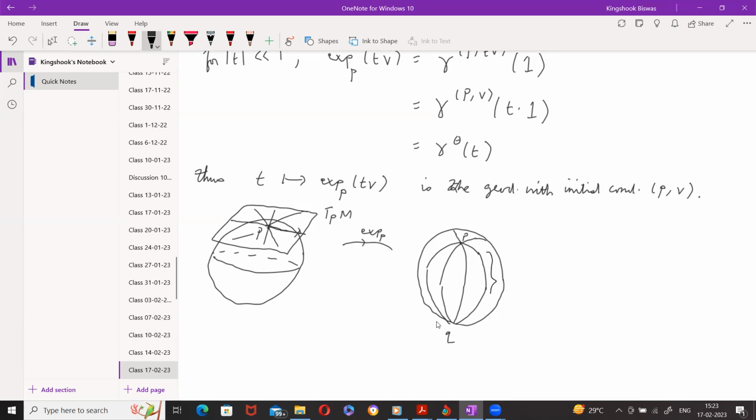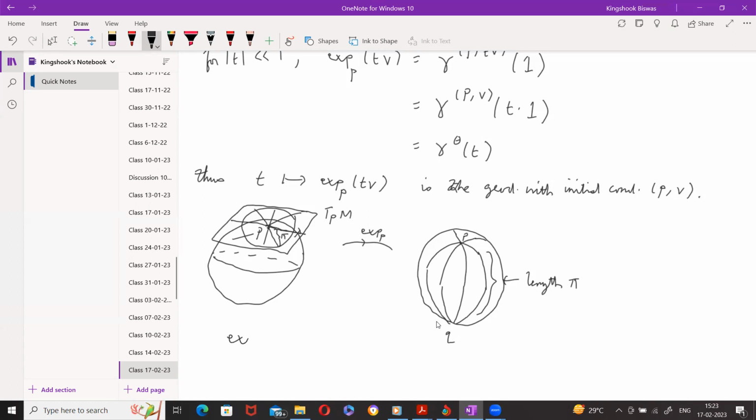This length will be pi, right? This is length pi. So what this exponential map will do, it will map the circle of radius pi here in the tangent space. So if this distance is pi, this circle will map to a point, the South Pole, right?